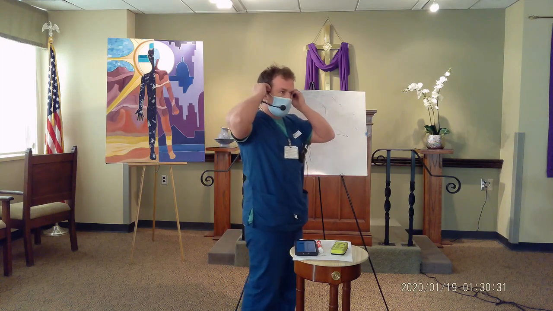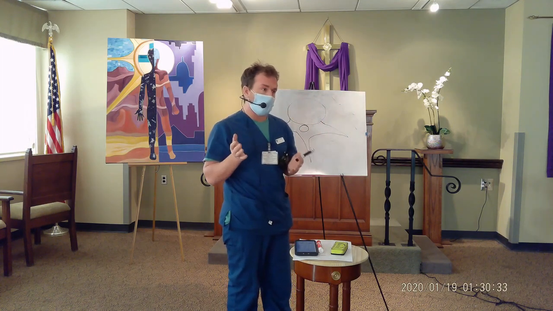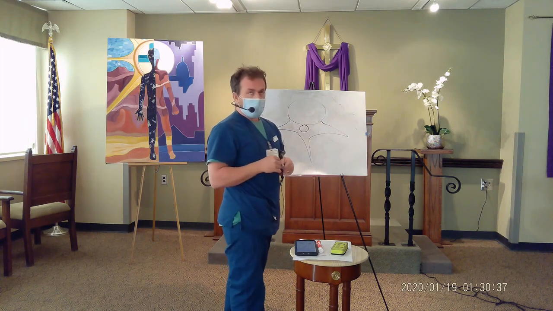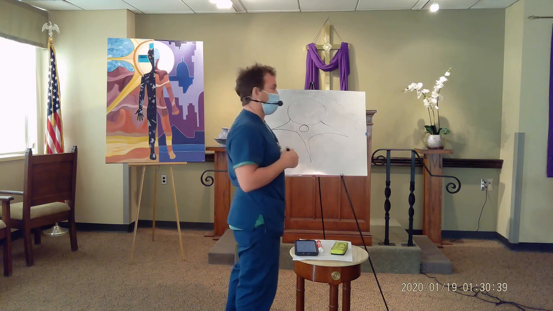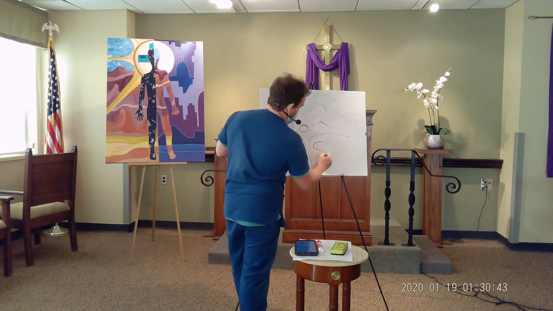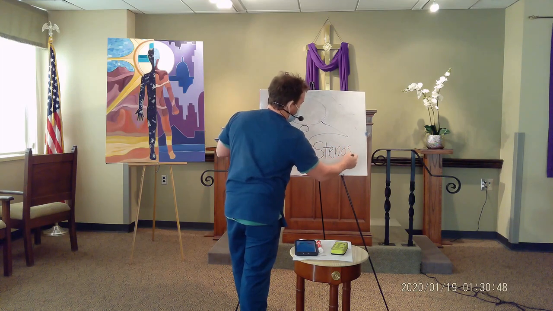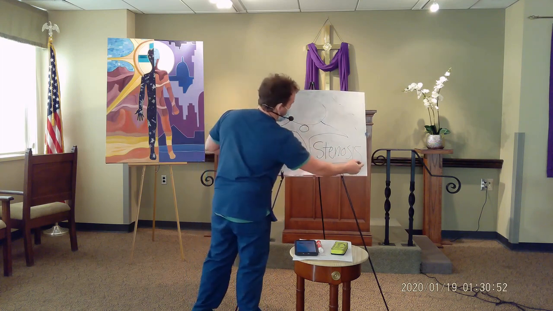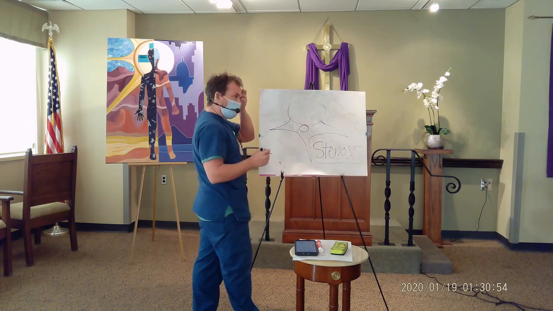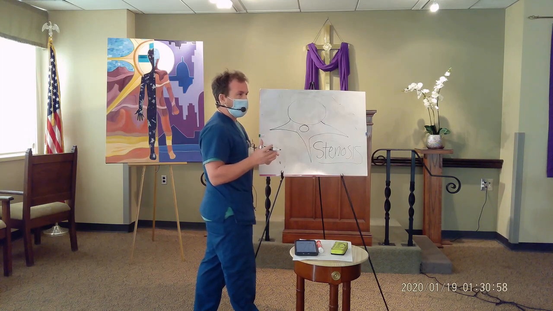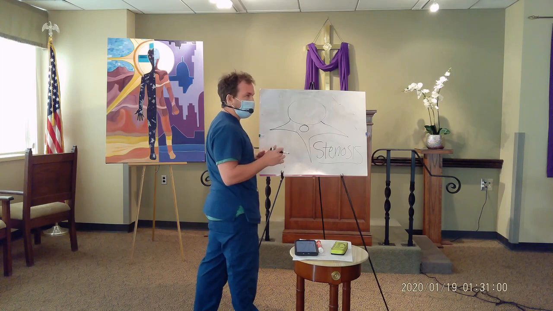What can happen if it's really bad, if the arthritis and the structural changes are really bad, it can lead to what's called spinal stenosis. Stenosis. And essentially what that means is it's a narrowing of the spinal cord because of structural changes.